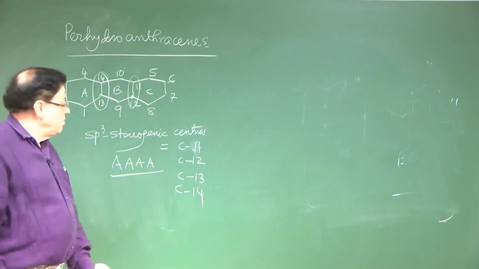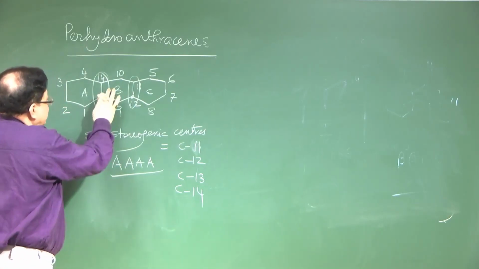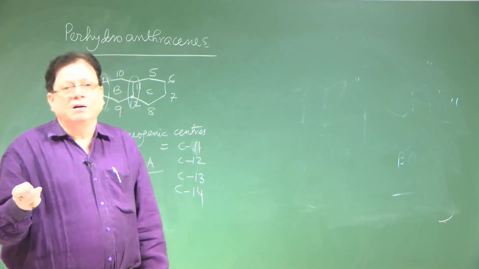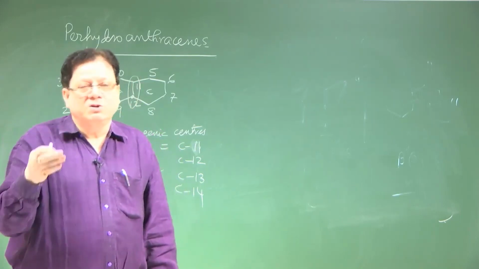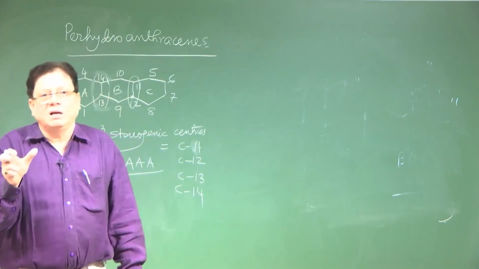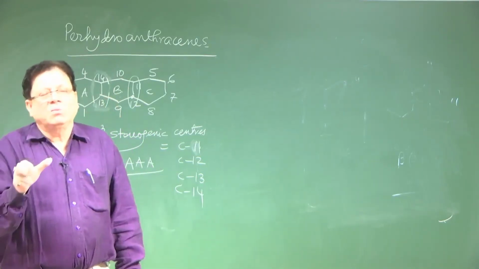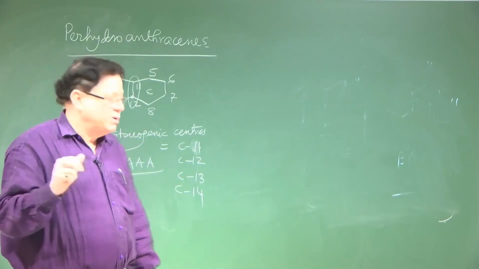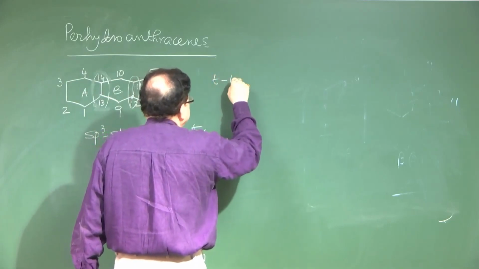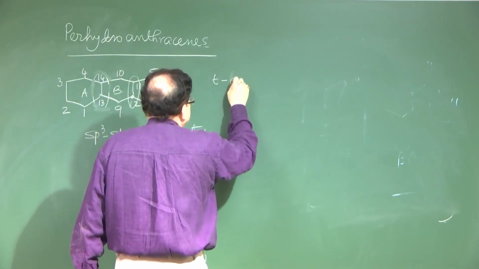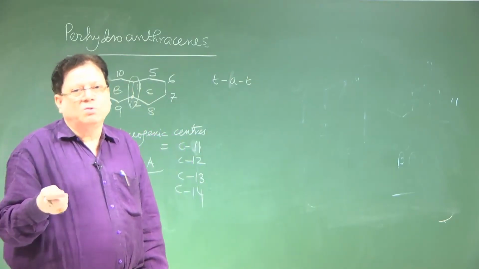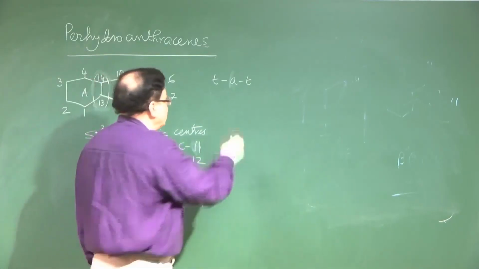So, you start with the same type of notation: the ring junction could be cis or trans, and the relative stereochemistry between the non ring junction atoms will be either cisoid or transoid. So, the first one you can say is T, then anti, and then T, that means trans, anti, trans. Here we are not using the word transoid, we are using the word anti.